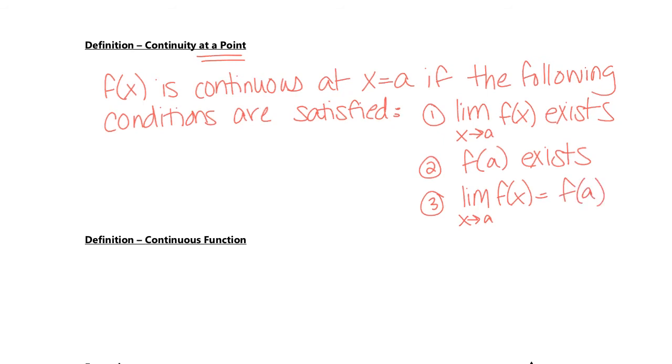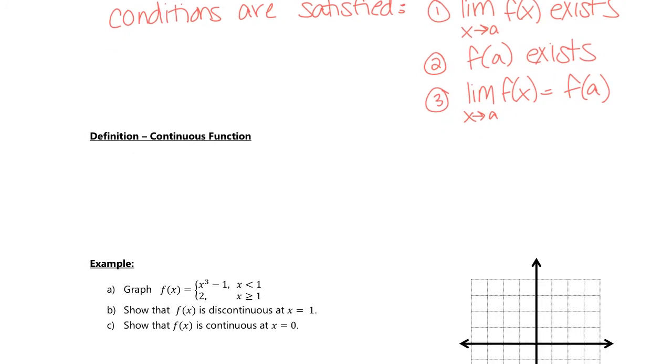If any of these conditions are not met, then we would say that f at x is discontinuous at x equals a. Now, when we're talking in general about a function, we consider a continuous function. A function is continuous if it is continuous for all values of a, or all values of x, where x is a real number.